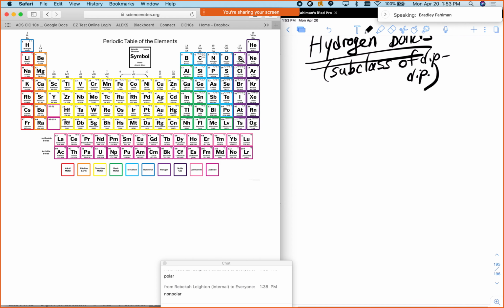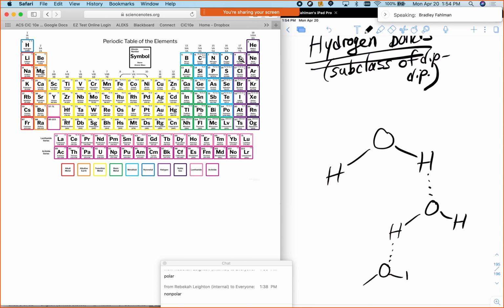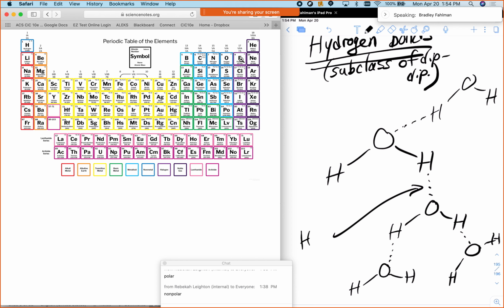Okay, and so if we look at water, that is an example where, if I just draw a few of these, and then maybe I can have hydrogens coming here, and then maybe another oxygen here, etc. All of these are called hydrogen bonds.